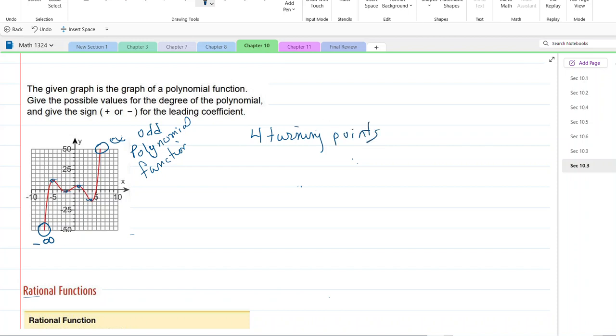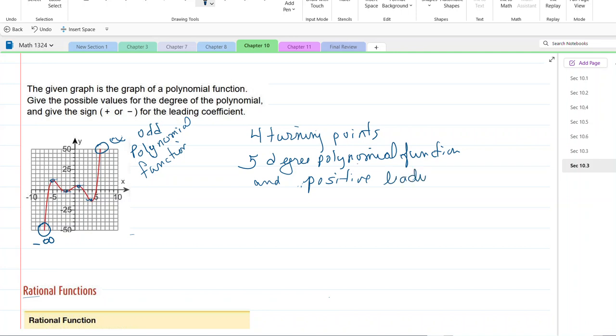So at the smallest, it is a 5 degree polynomial function. And a positive leading coefficient. Might ask for several if it wants. If it wants more than one, it would have to be the 5, the 7, and the 9.